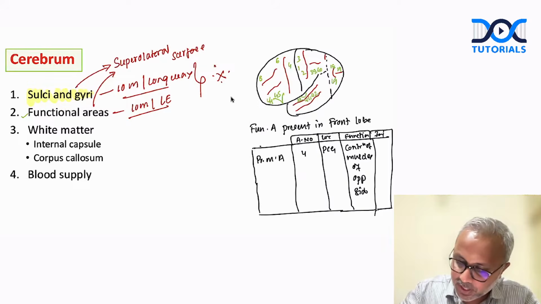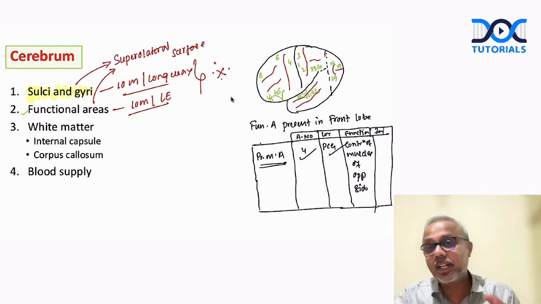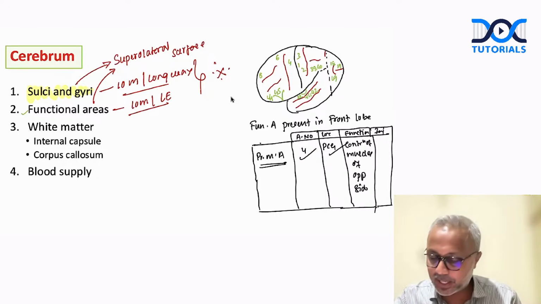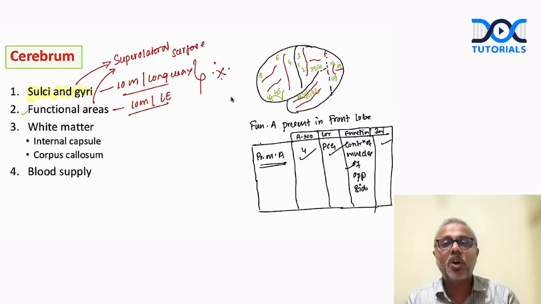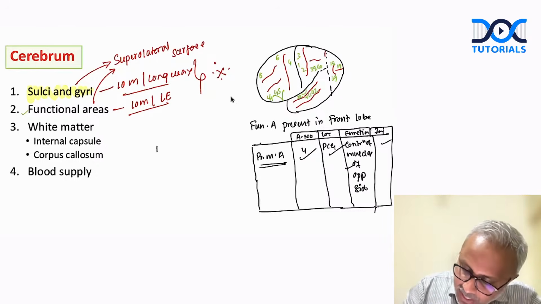For each functional area that you describe, you must know what is the Brodmann's number, where exactly it is located, which gyrus it is represented by, what is its function, and what happens when this is injured. Imagine if you can summarize this in the form of a table. If you're not comfortable, then first talk about the primary motor area.